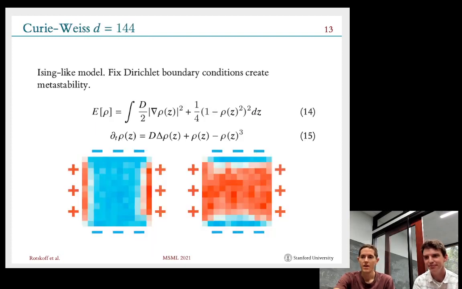That's right. So we also have tried this approach in higher dimensional systems. This is one variant that we've explored, and this is an Ising-like model, which has Dirichlet boundary conditions to create metastability. So you can view this as a system of coupled spins that either prefer to be up or down, and those coupled spins are evolving according to the SPDE in equation 15.